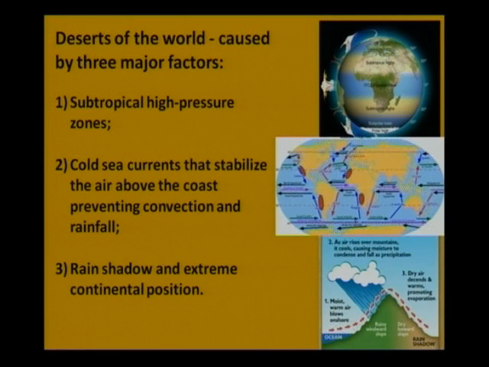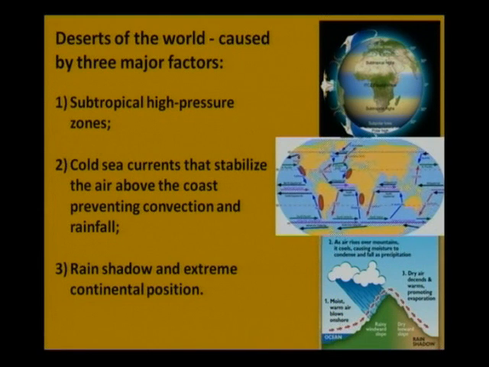And the third factor is usually rain shadow and extreme continental position. If you have a mountain range blocking the rain and the snow from getting into the continent, then you usually don't get a humid environment on the other side. And then there are a lot of deserts that form in this way.